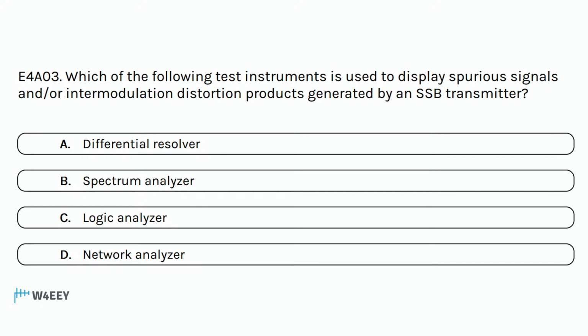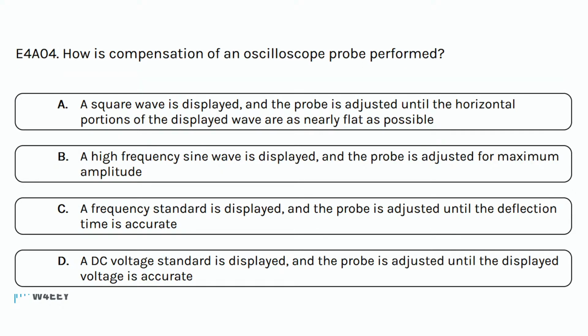And which of the following test instruments are used to display spurious signals and or intermodulation distortion products generated by an SSB transmitter? Bravo. Yeah, that would be the spectrum analyzer. And how is compensation of an oscilloscope probe performed?